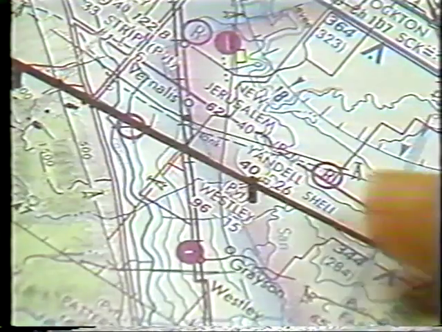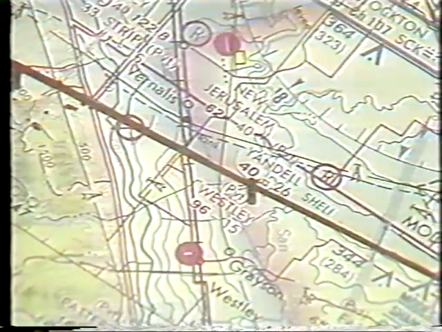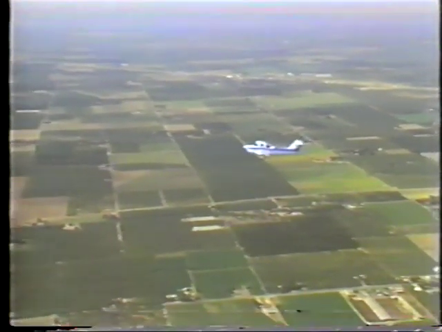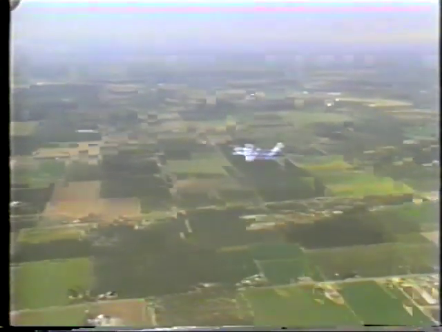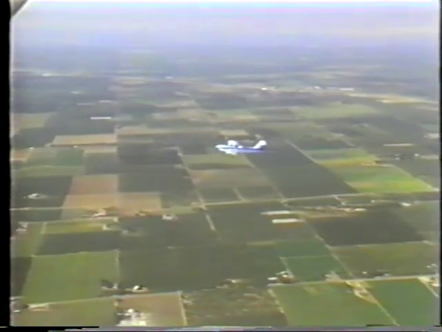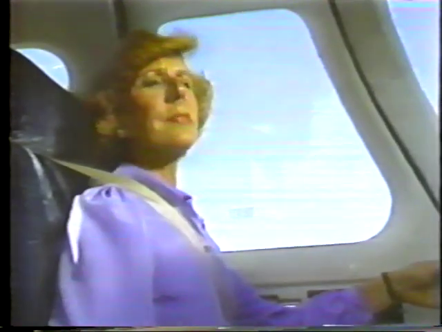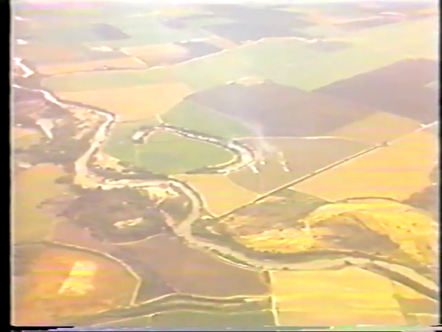Referring to the chart, our next checkpoint is the railroad tracks and the road crossing it. You can see from the smoke that surface winds are in our favor and we appear to have a slight tailwind. This is a very useful piece of information.